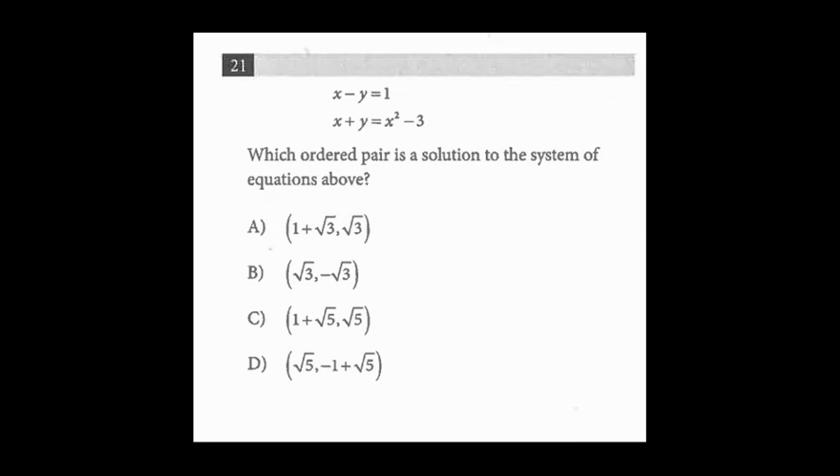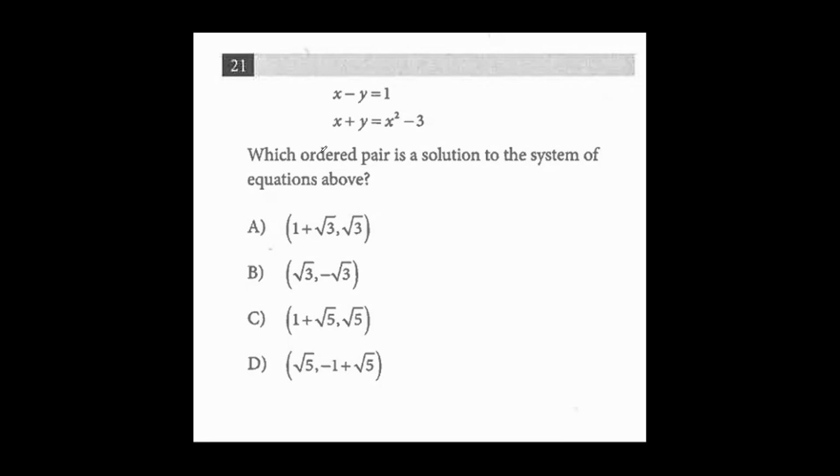Okay, so for question 21, I would really just recommend graphing this. You could try solving this without graphing by setting the equations equal to each other, but where they intersect, it's a pretty difficult way to solve it without graphing it.